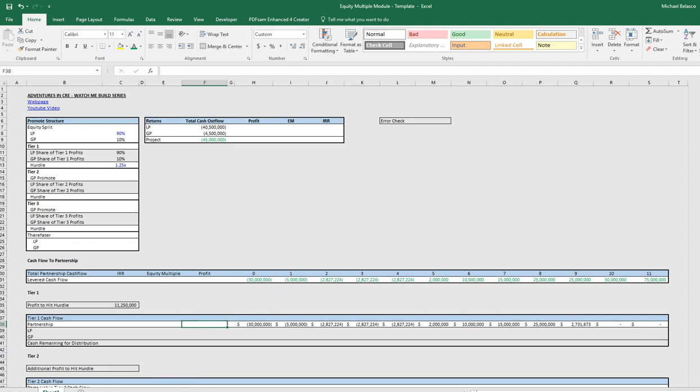And let's check this now. We can build out the equity multiple formula just to verify this is accurate. All right, so we have equals parentheses sum, the cash flow here in tier 1 plus the negative total amount of equity contribution. Now this should in aggregate equal the 1.25, because what your cash flow is doing here in row 38 is you're paying out your cash flow, then you're getting your 1 multiple back in plus 25%.